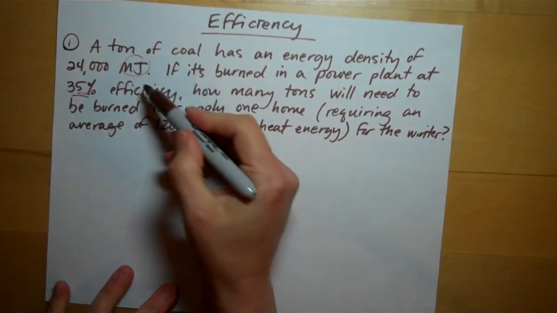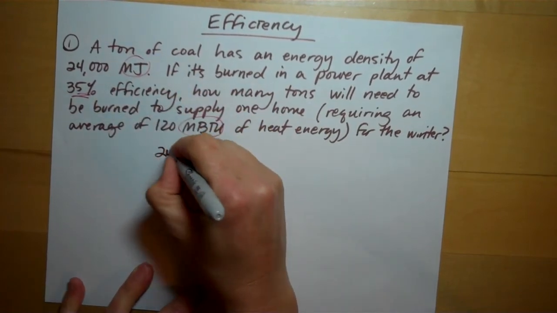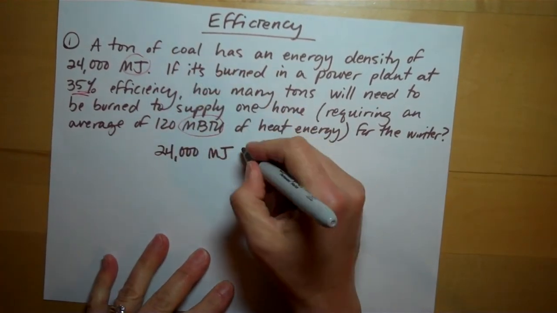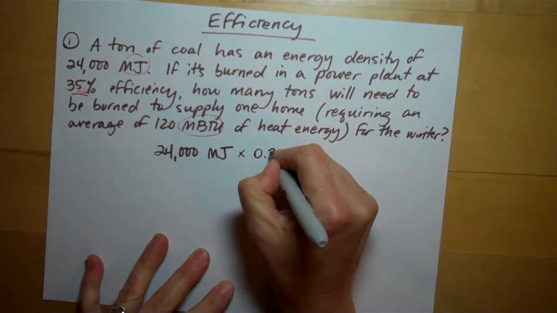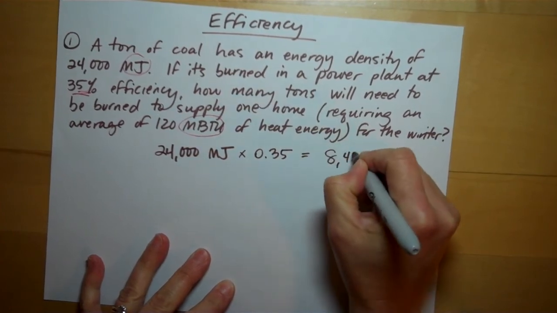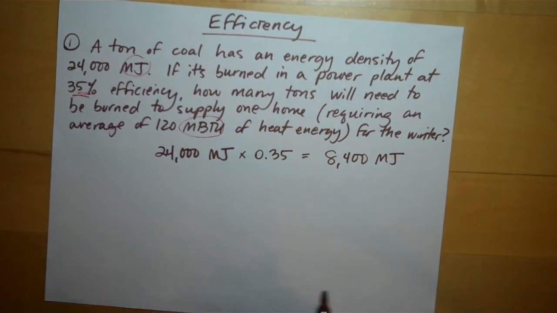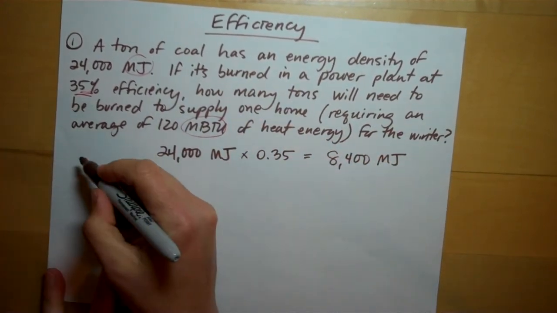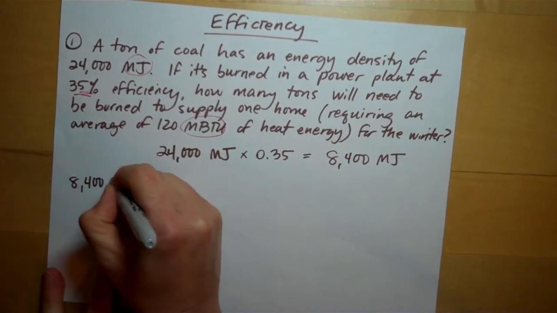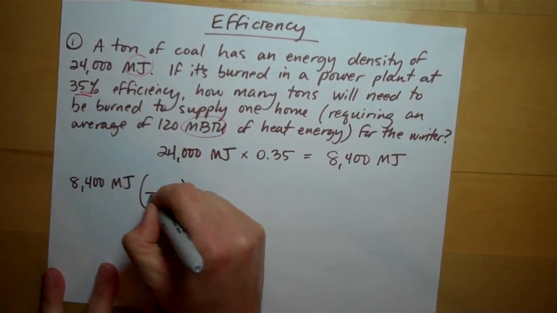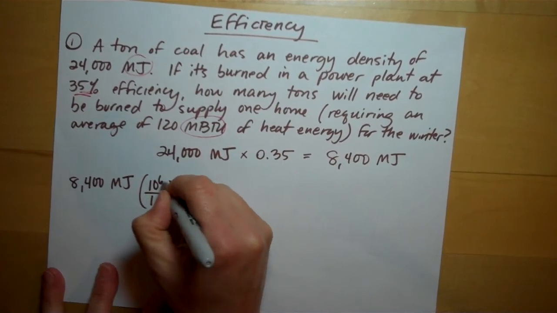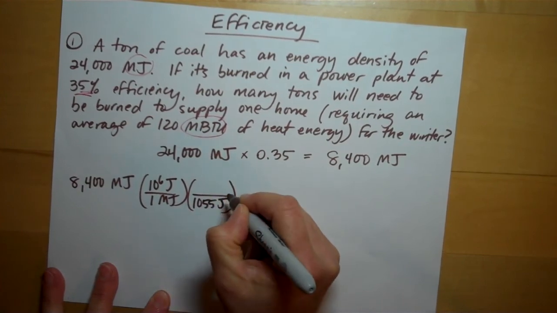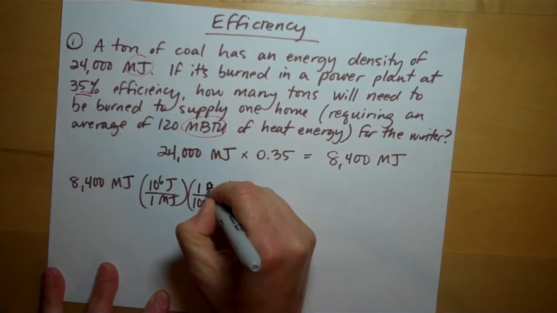So let's start out by dealing with our efficiency here. We just did this, 24,000 megajoules of energy stored in that coal, but at only 35% efficiency, you're only going to get out 8,400 megajoules of energy. So now let's convert this to BTUs and see how it stacks up. So 8,400 megajoules of energy. We know 1 megajoule is 10 to the 6 joules, and you know 1,055 joules in 1 BTU.